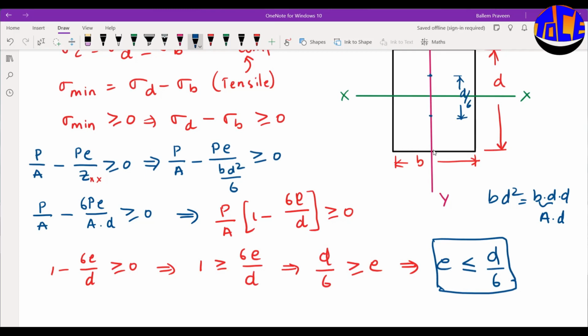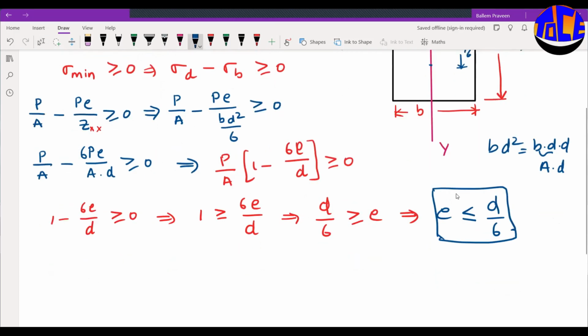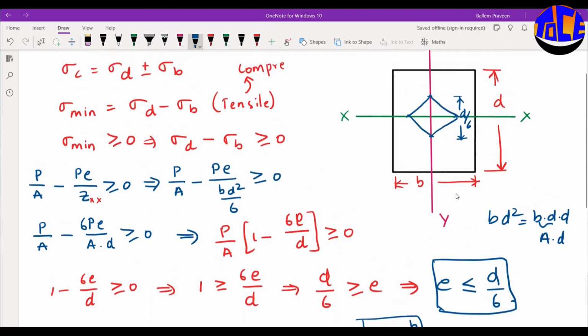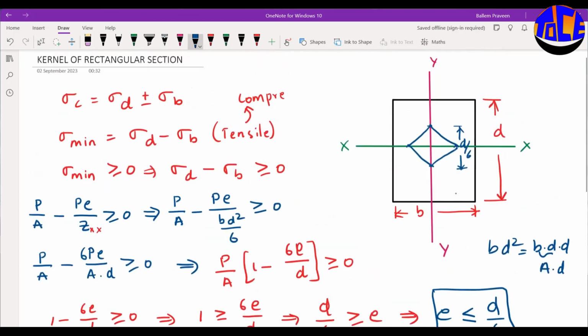Similarly, if you derive the expression about the y axis, it will be the same. This was about xx; if you write it about y, it will be b by 6. So the kernel, the core of the section, will look something like this. This is my kernel section.